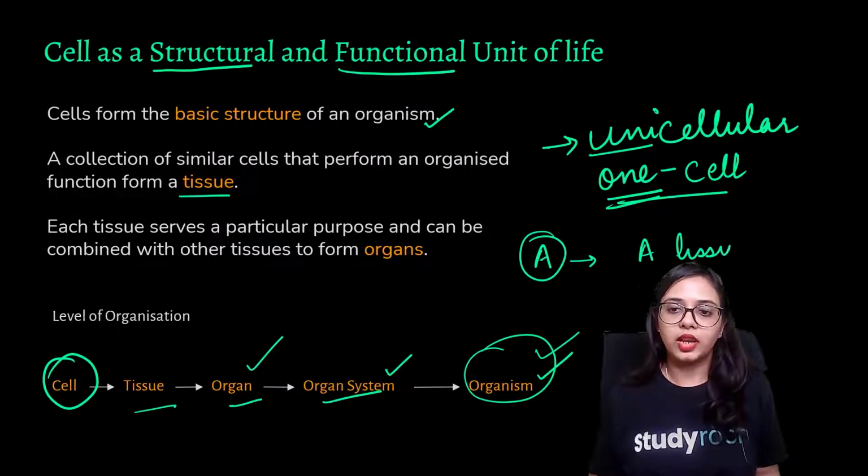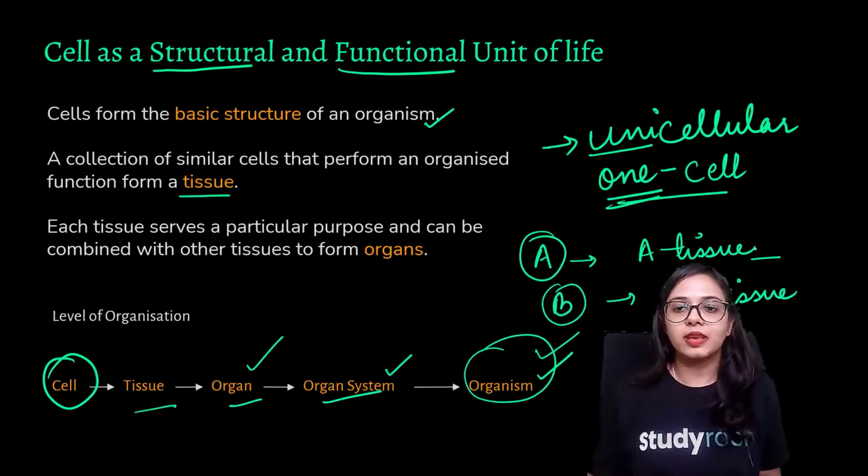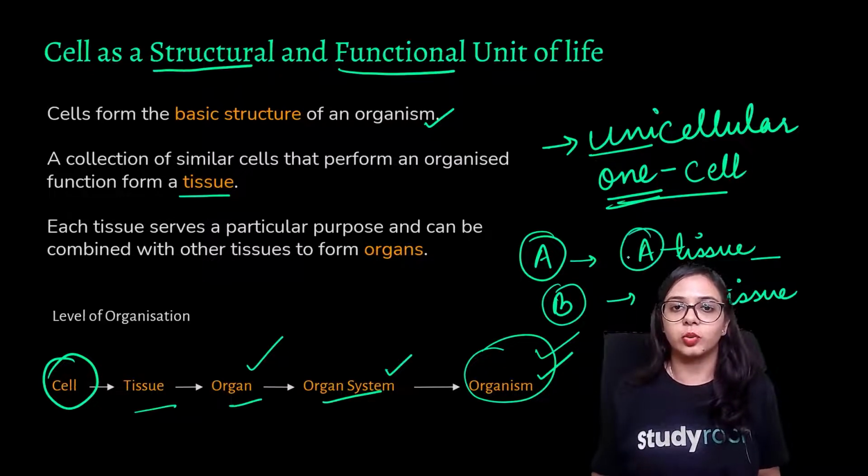Okay, then say B category of cells forms B tissue. So A tissue consists of all the cells which are A in nature, of similar structure, and they carry out the similar function that one A cell does. All right, the same thing is going on with the B category.